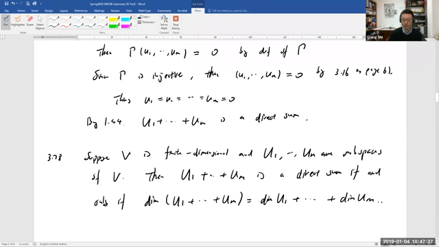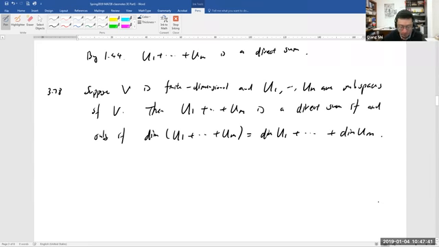All right, so that's what we're trying to do here, using that gamma map to help us finish this proof.